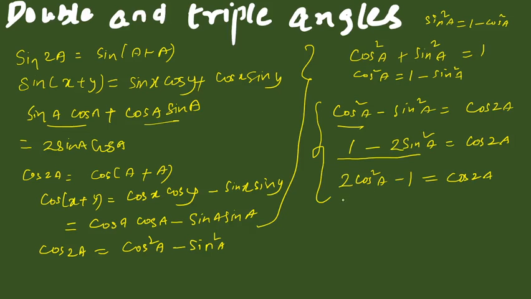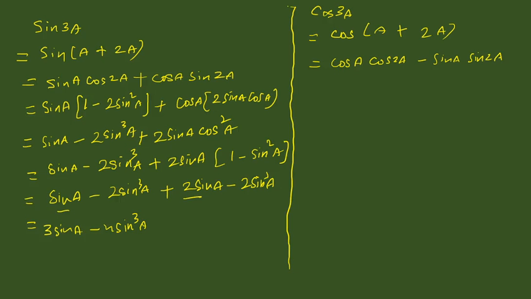We are going to use the one in terms of cos because I am finding cos 3A. So you will get cos A multiplied by 2 cos square A minus 1, minus sine A multiplied by 2 sine A cos A.